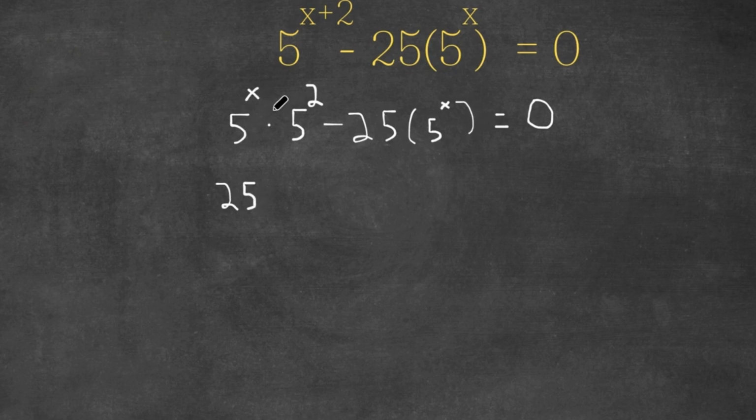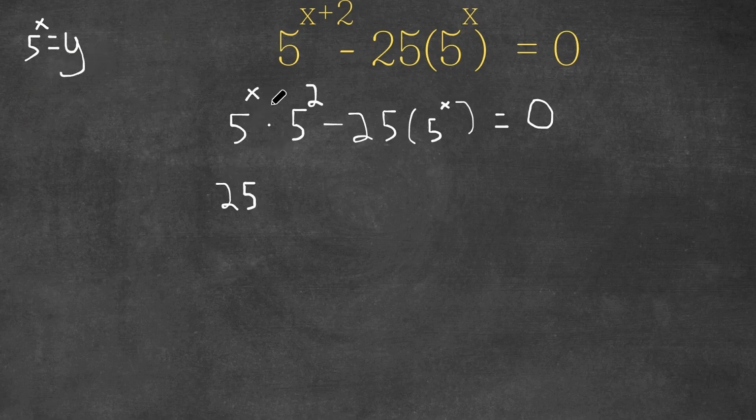Well, because there's two 5 to the power of x's here, why don't we just set 5 to the power of x equal to the variable y? We're doing this because it's going to be much easier to solve this exponential equation.